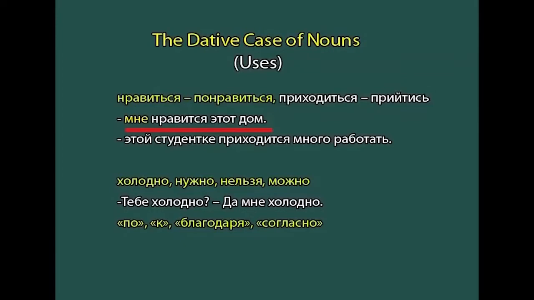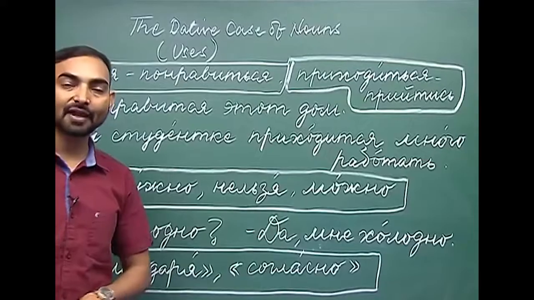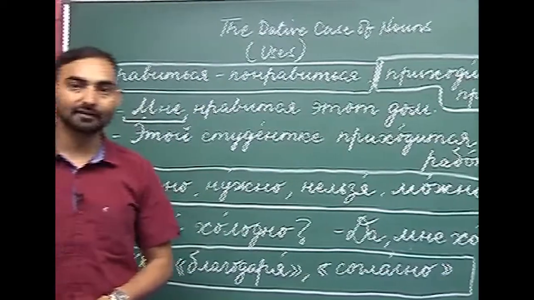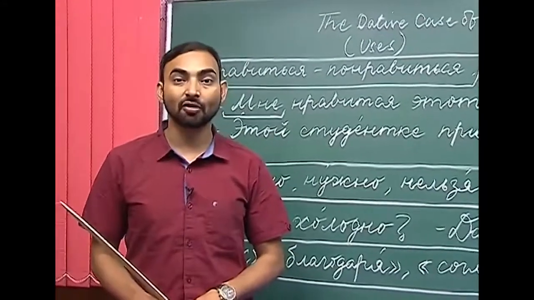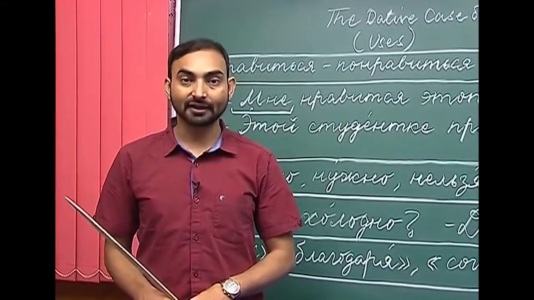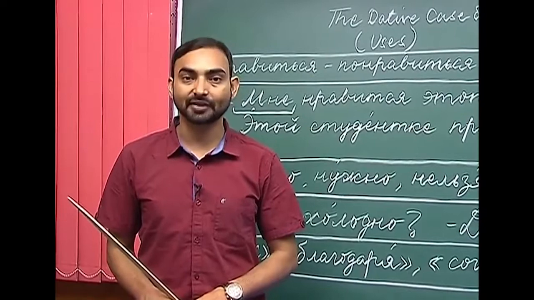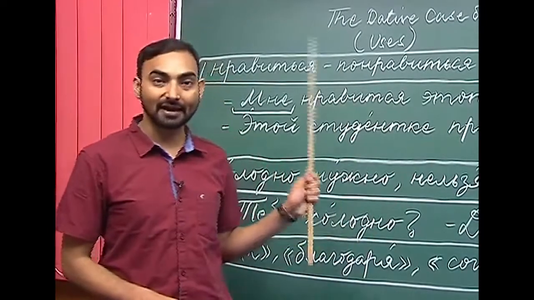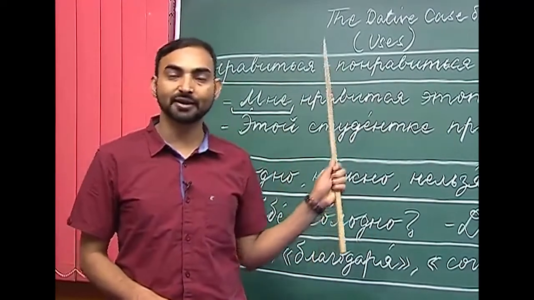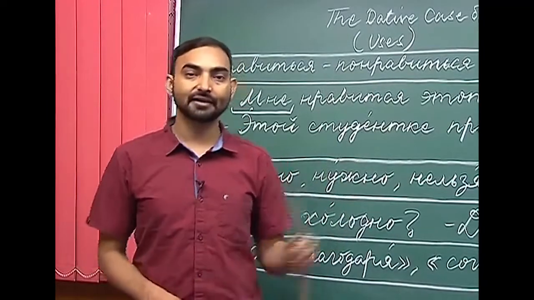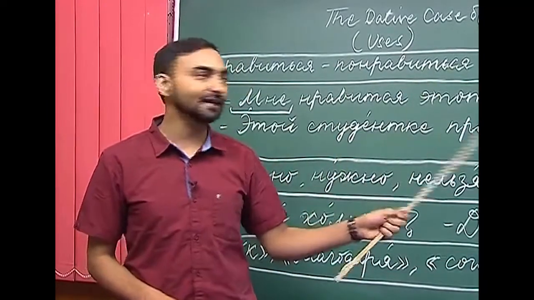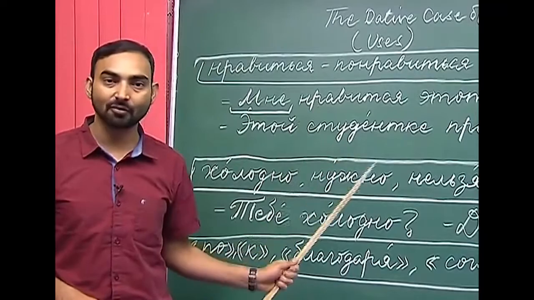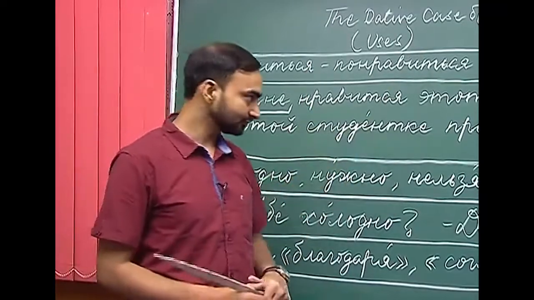We have also discussed that a subject has to be in the nominative case. So, that is why I am saying the logical subject. Here it is not the ideal subject which is to be in the nominative case, but it is the logical subject. So, logically these are the subjects, but they are in the form of dative case.